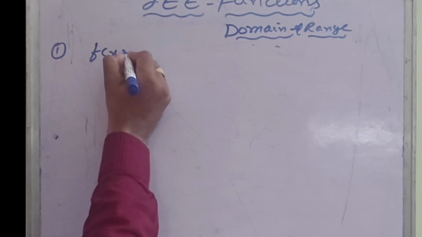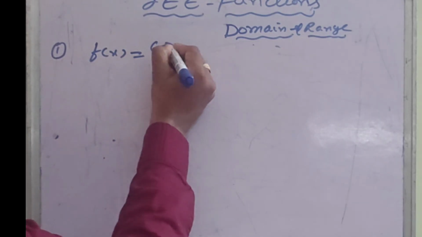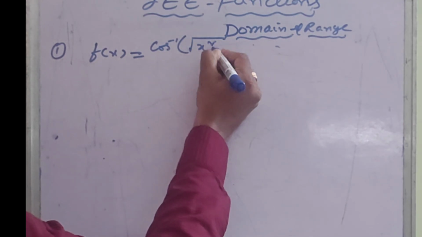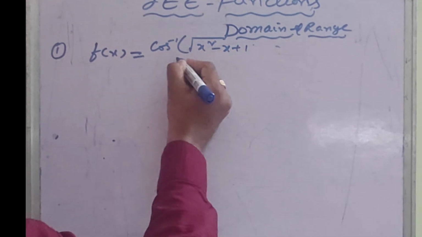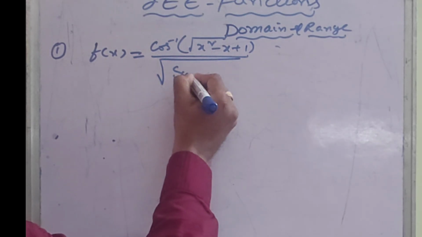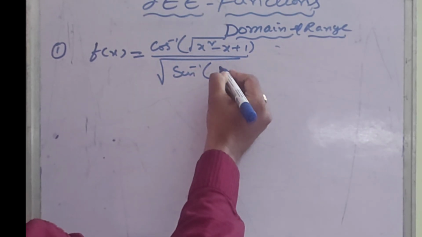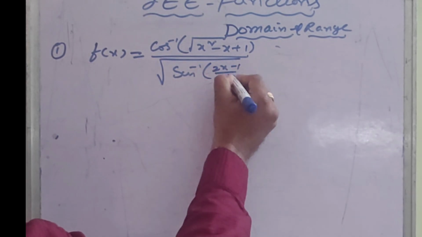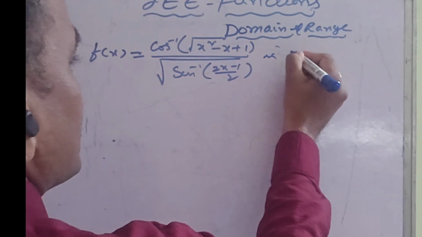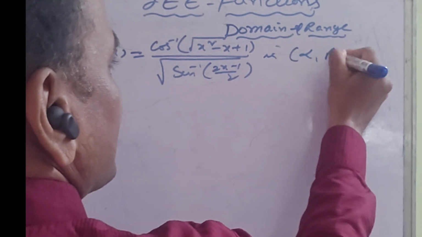It is defined as f(x) = cos inverse of root over (x² - x + 1) divided by root over sin inverse of (2x - 1)/2, whose domain is (alpha, beta).